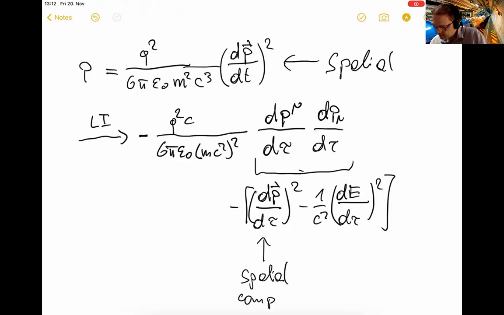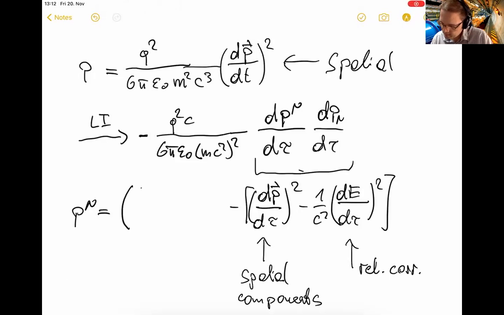I hope you can read my handwriting. And this term with the energy is the relativistic correction that we had neglected in our non-relativistic derivation. One should say that what I've used here for the momentum, p mu, is E over c, and then here we have the spatial components.